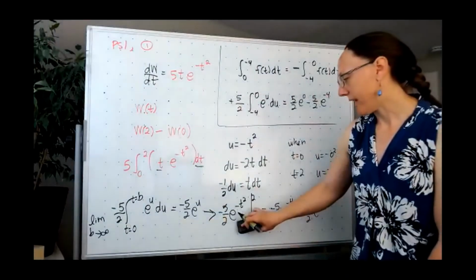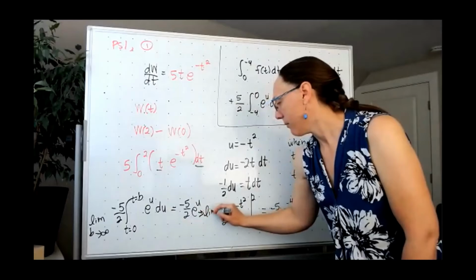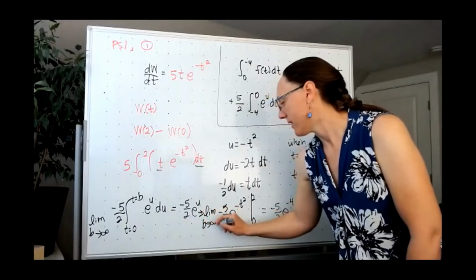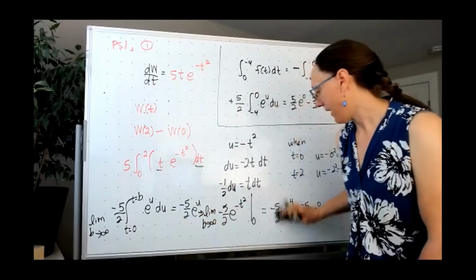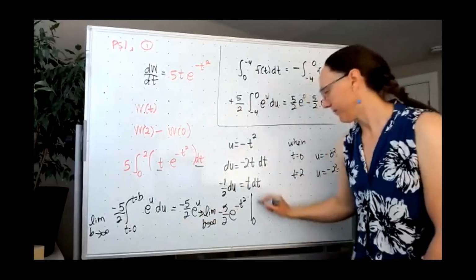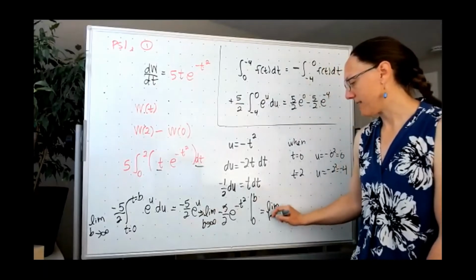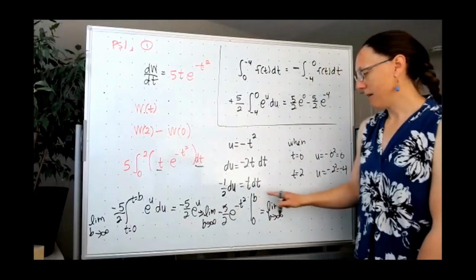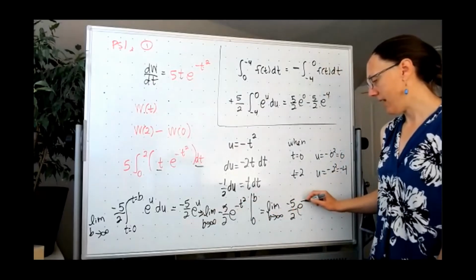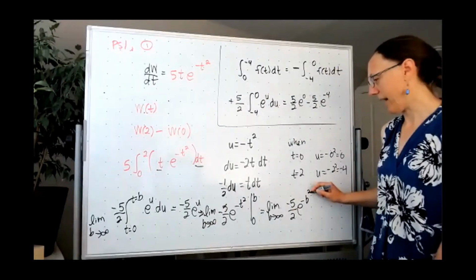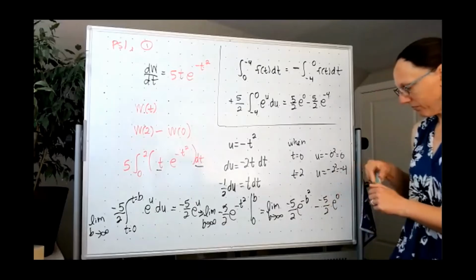So if I jump over to here, we'll squeeze in the limit as b approaches infinity. And instead of a 2 up here, I'm going to have a b. Plugging that in, I've got -5/2 e to the negative b squared minus -5/2 e to the 0.